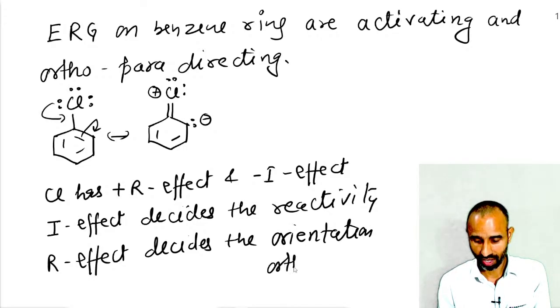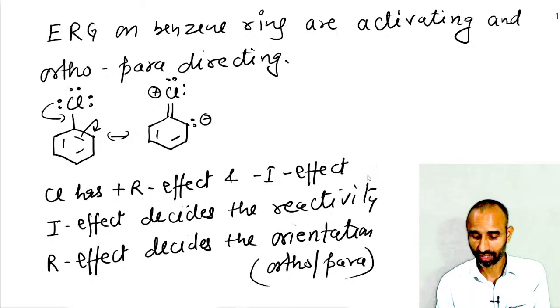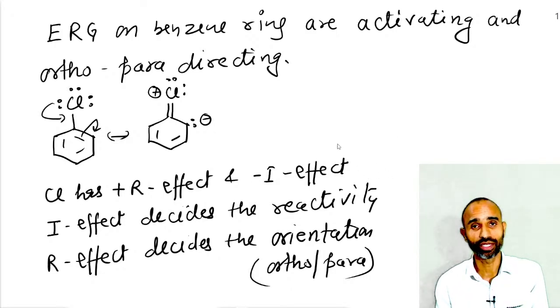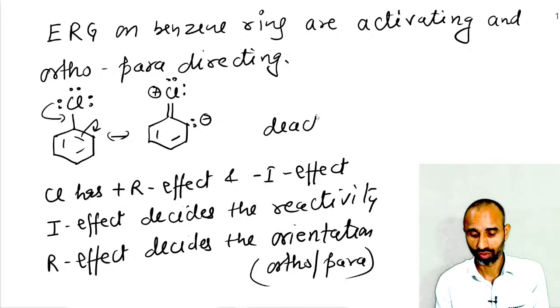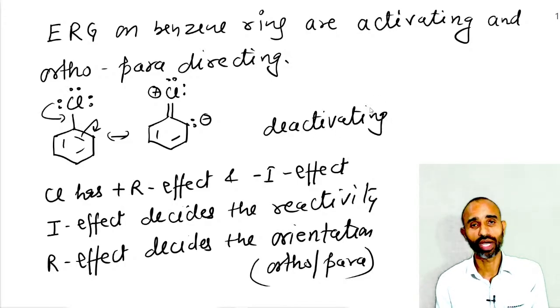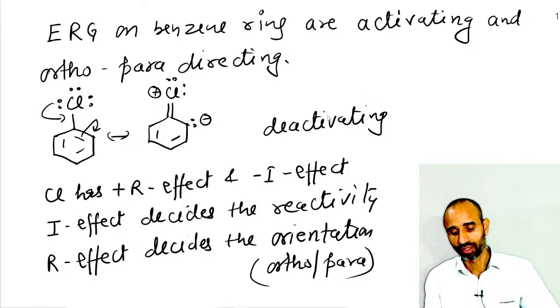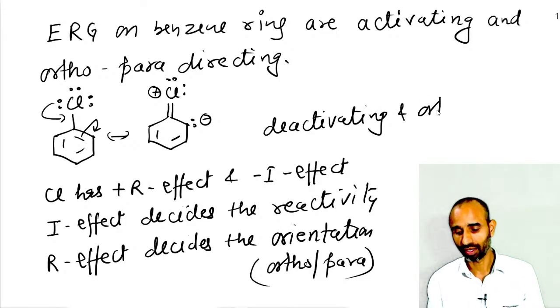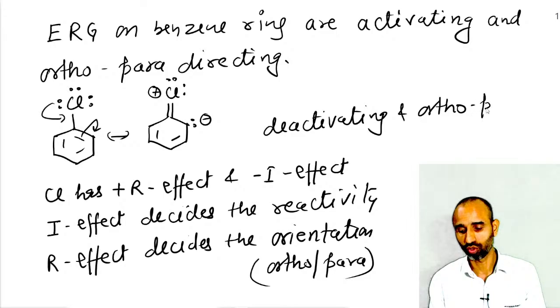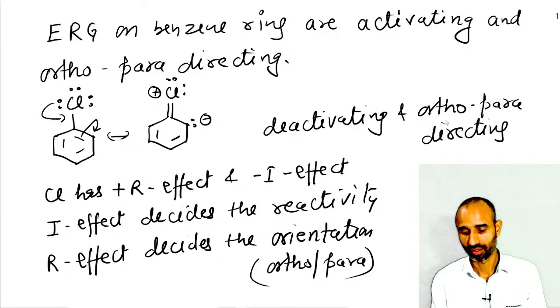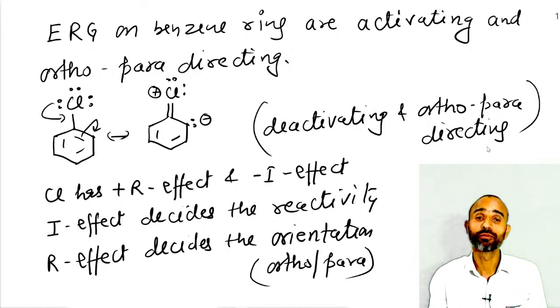Means they are ortho-para directing, but at the same time they are deactivating. Because of high electronegativity we can say they are deactivating, and because of resonance they are ortho-para directing. That is different from the other groups.